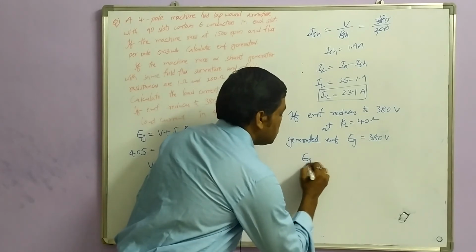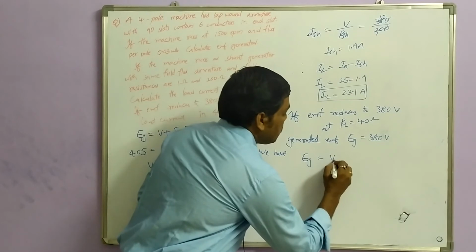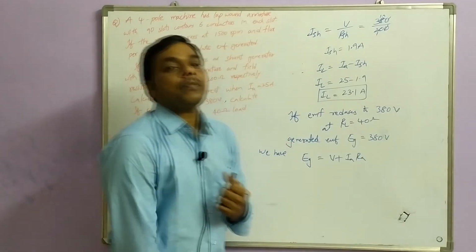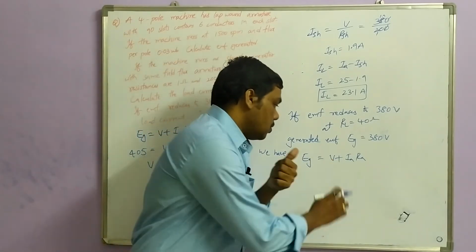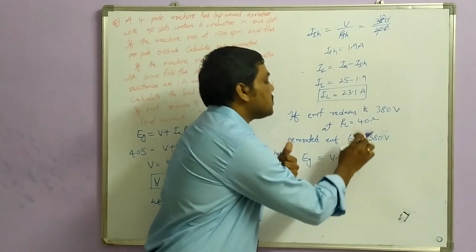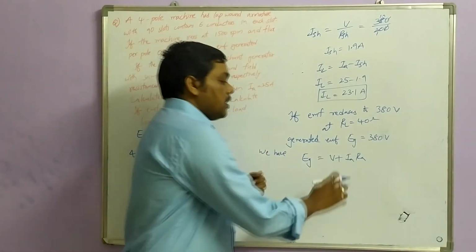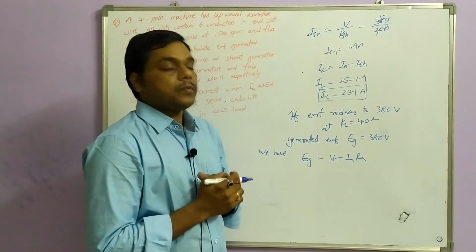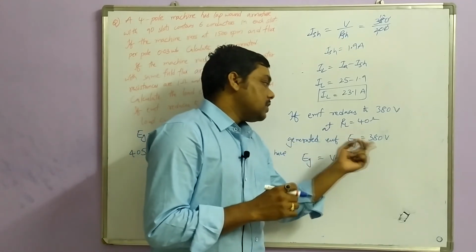So we have Eg is equal to V plus Ia into Ra. Now you express load voltage in terms of load resistance, and armature current in terms of load current, and the generated EMF is given directly 380 volts.